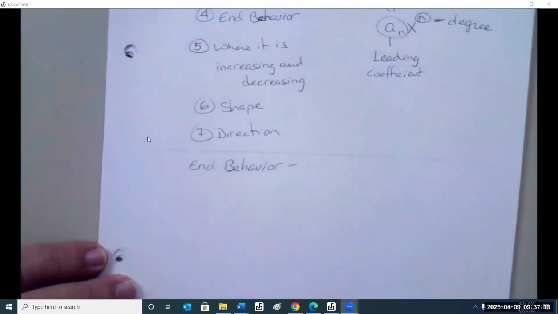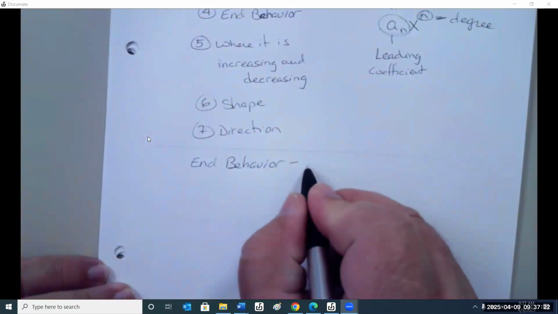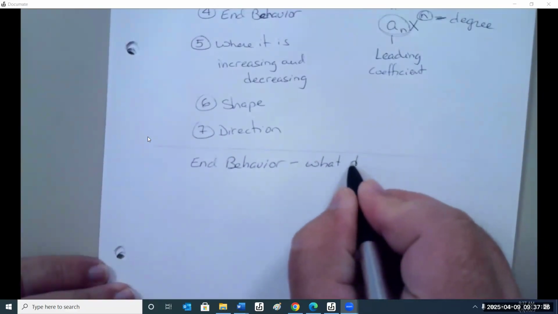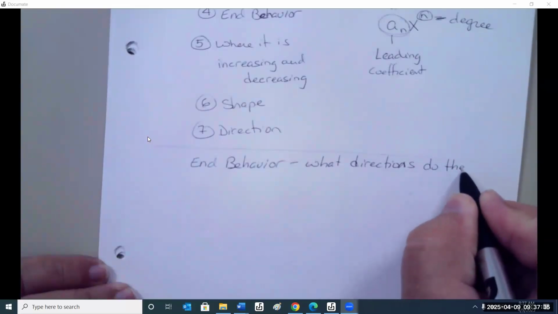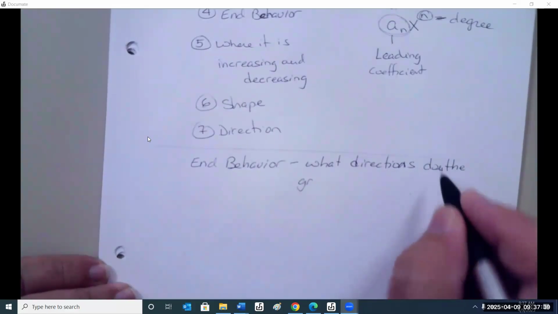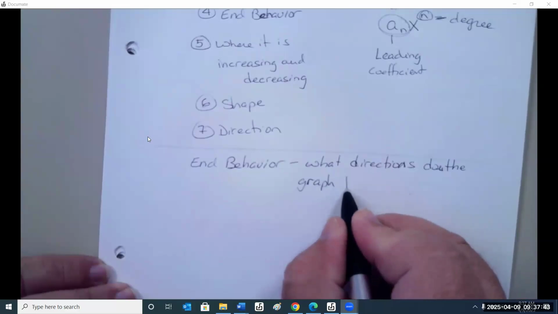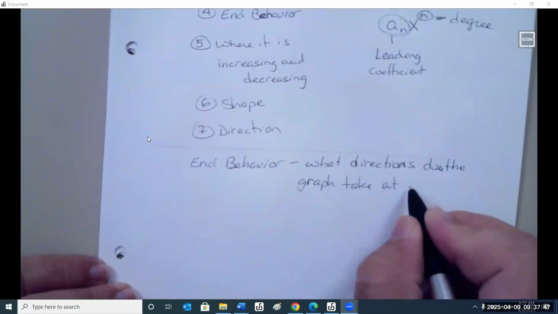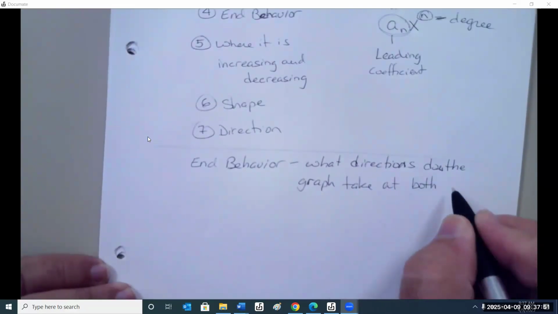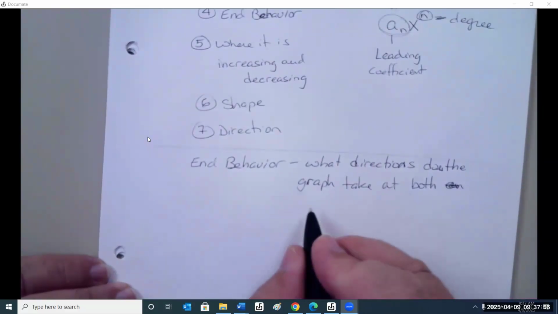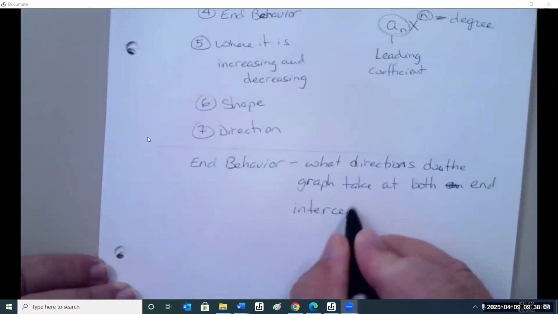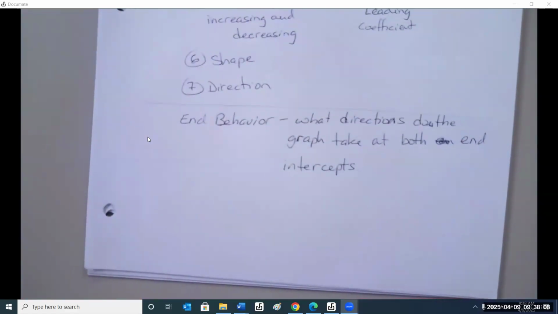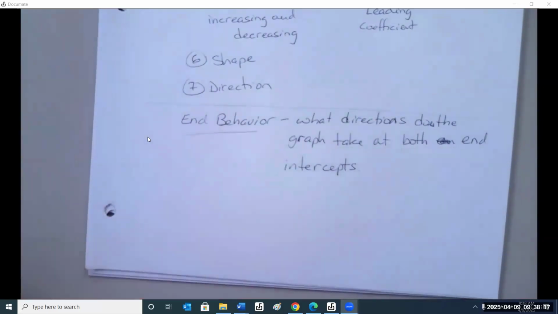Let's talk about end behavior first. When we say end behavior, it tells us what directions the graph takes at both ends. We'll determine later if they both go the same way.